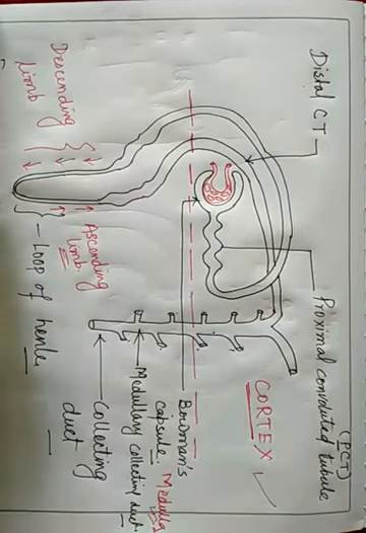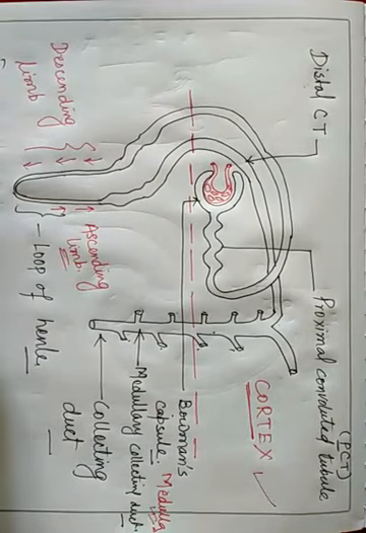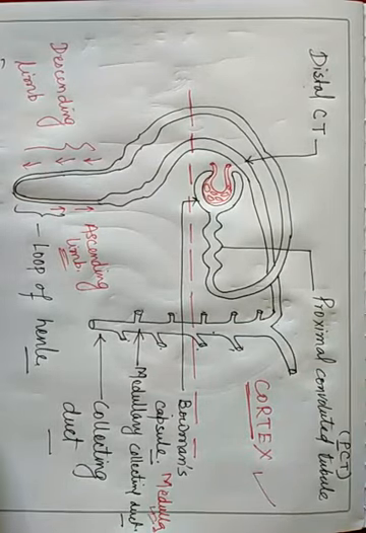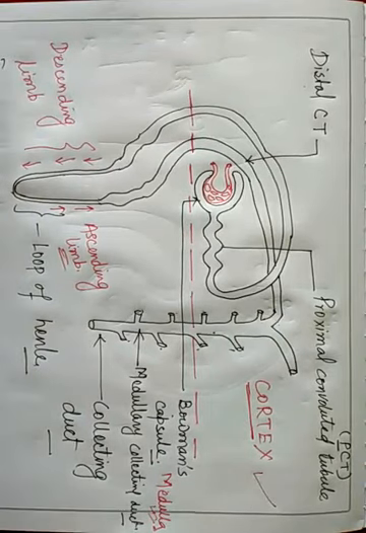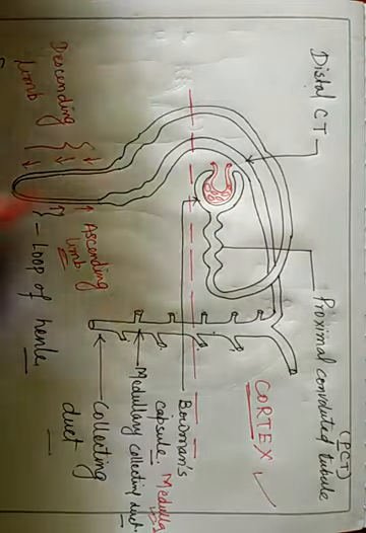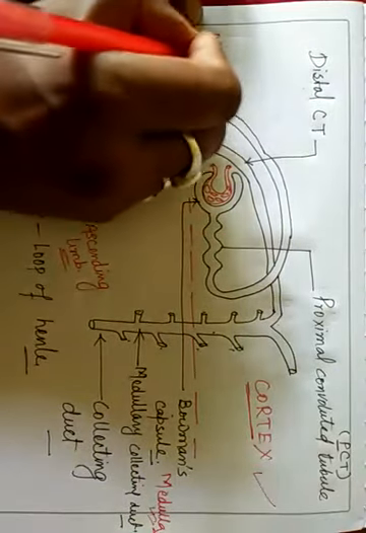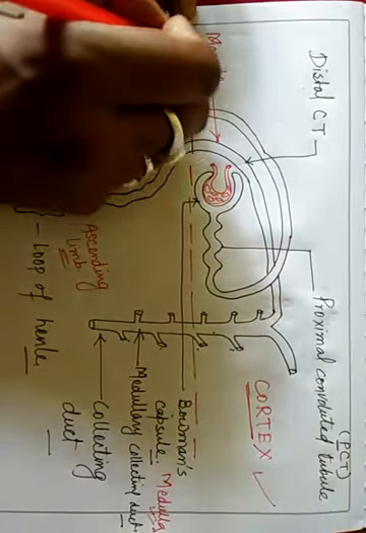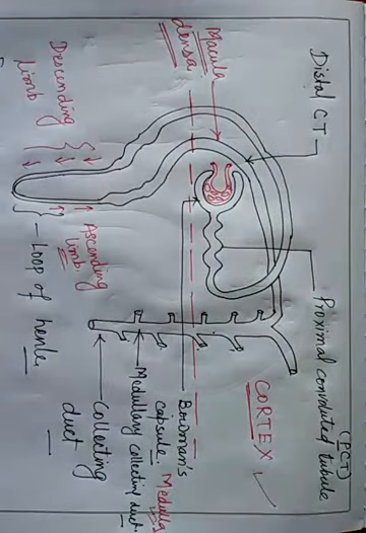So in the caption you will write basic tubular segments of the nephron. And one important thing here, this part we call macula densa. So you will read the role of macula densa in class 11.